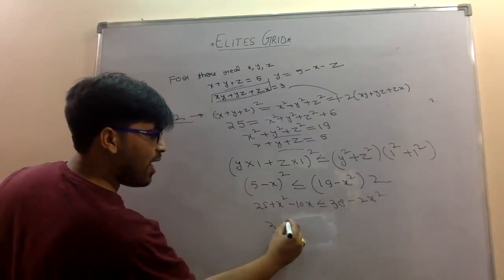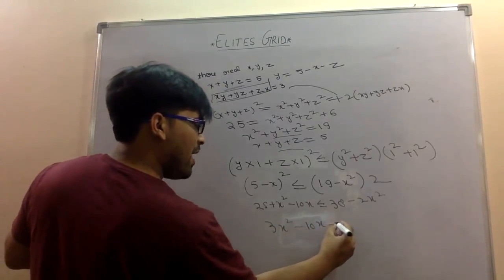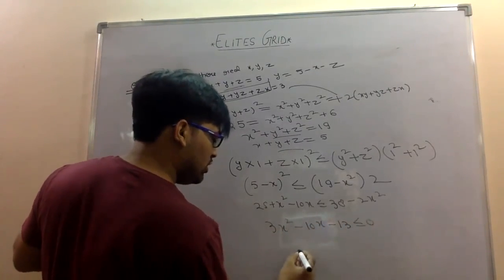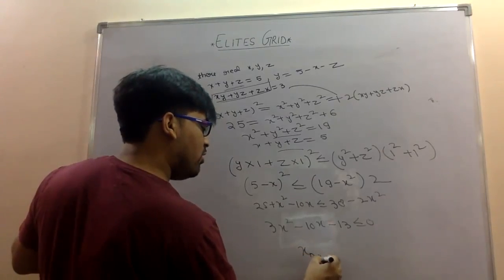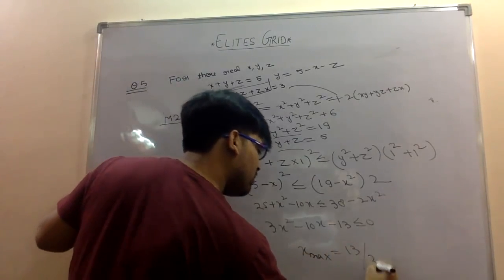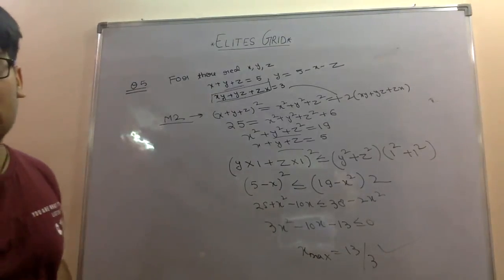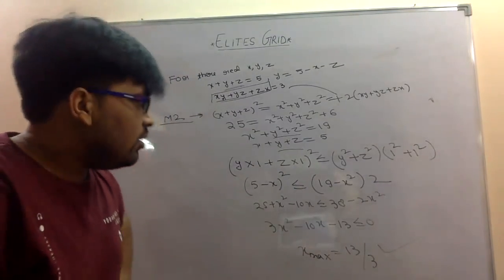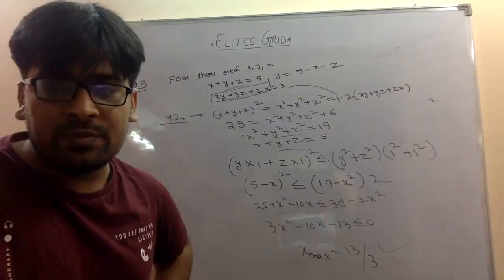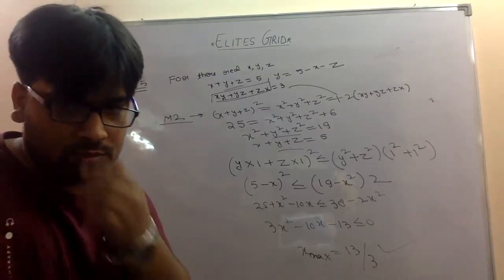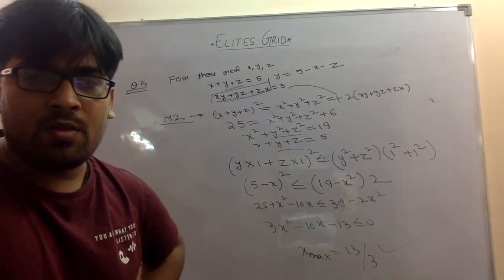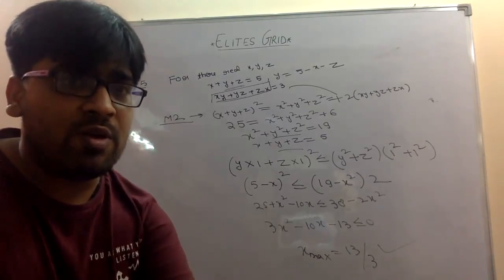So 3x square minus 10x minus 13 is less than or equal to 0. So the maximum value of x will be 13 by 3. That is clear. This method is clear to everyone.